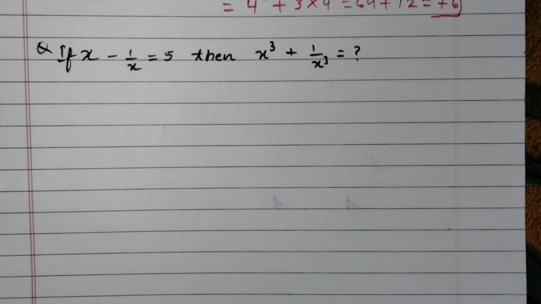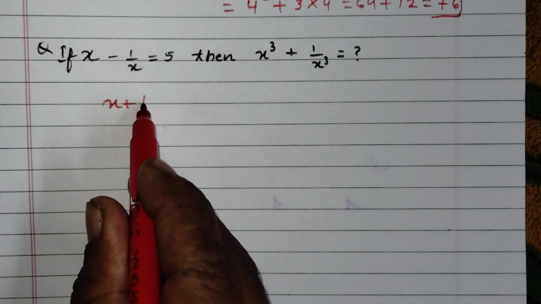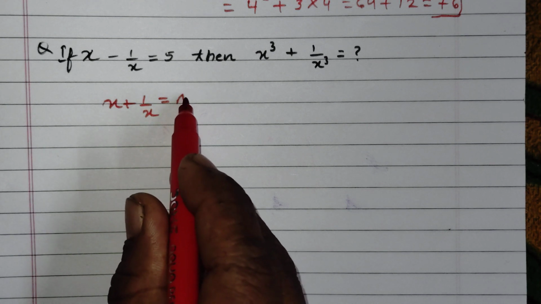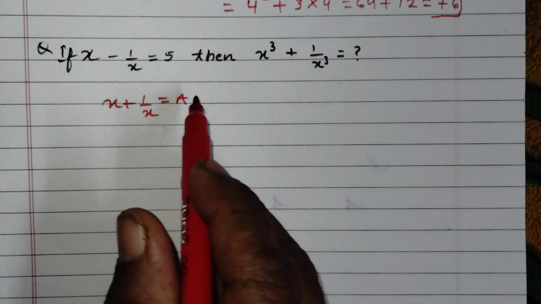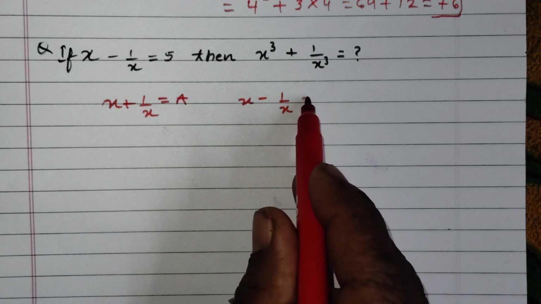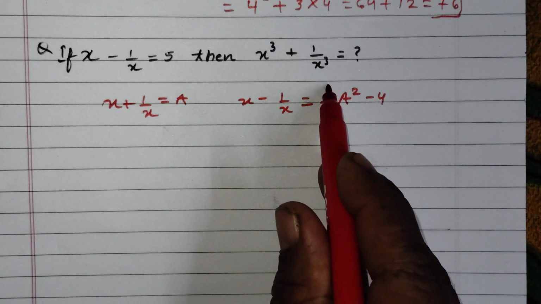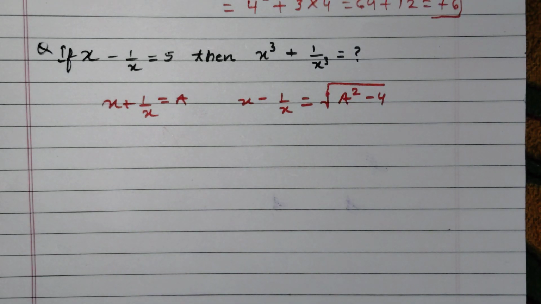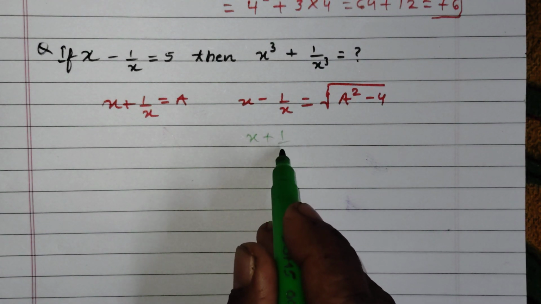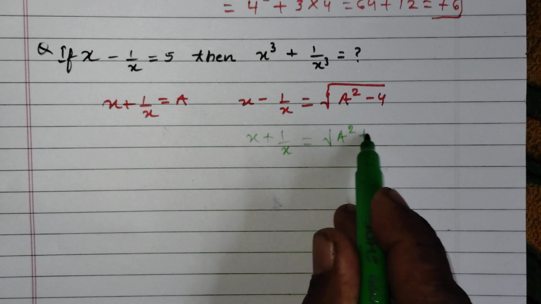There is an identity for this. Suppose x plus 1 upon x is a, then x minus 1 upon x will be square root of a square minus 4, and x plus 1 upon x is equal to square root of a square plus 4.